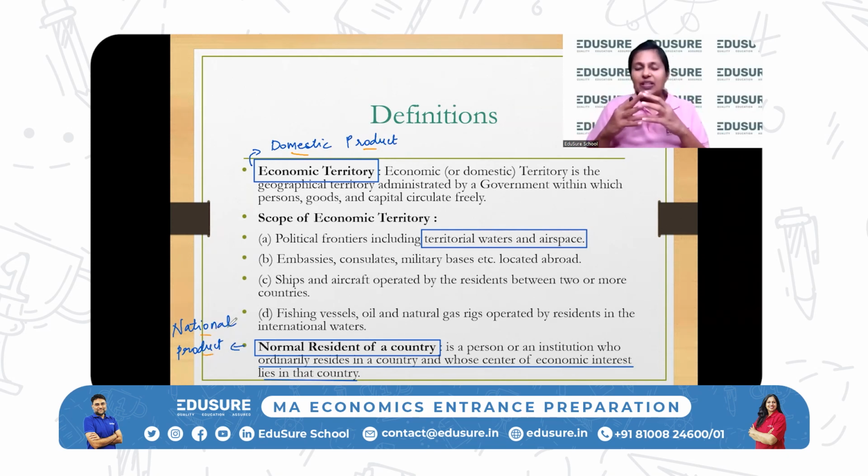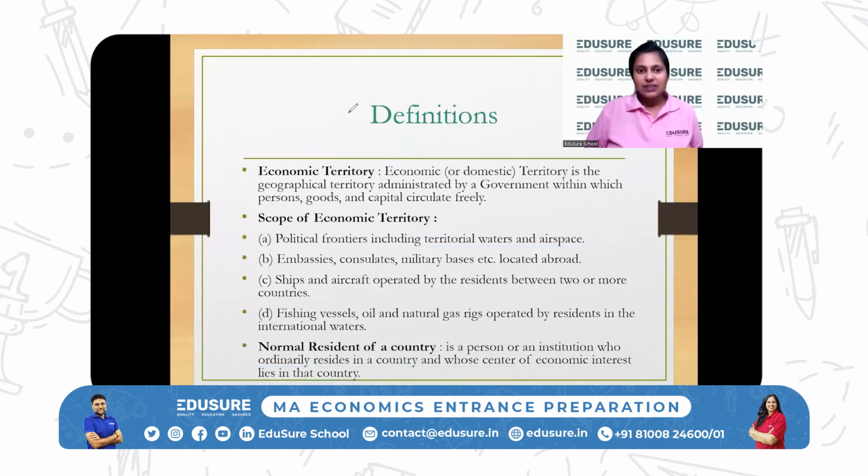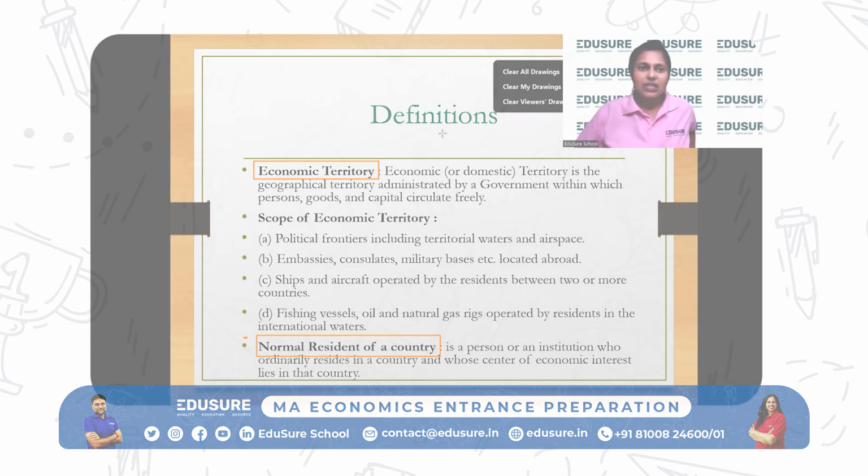So one particular income can be a part of the domestic product of one country, but national product of the other country. So Zimbabwe office earnings, part of the domestic product of Zimbabwe, but the national product of India. Okay. So the physical earning is economic territory, and the national product is the normal resident of a country.